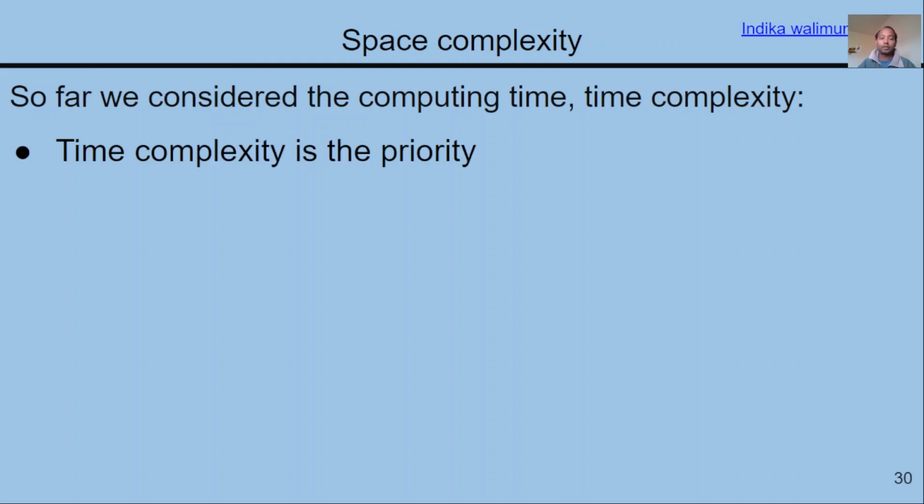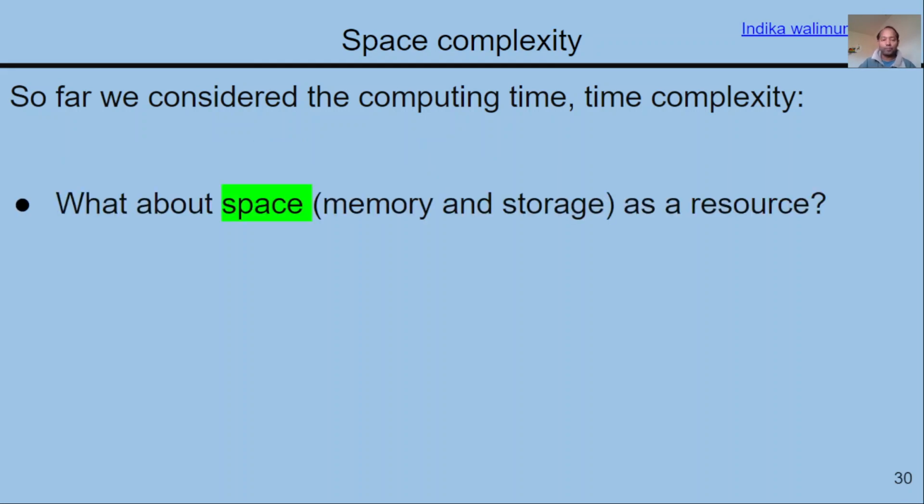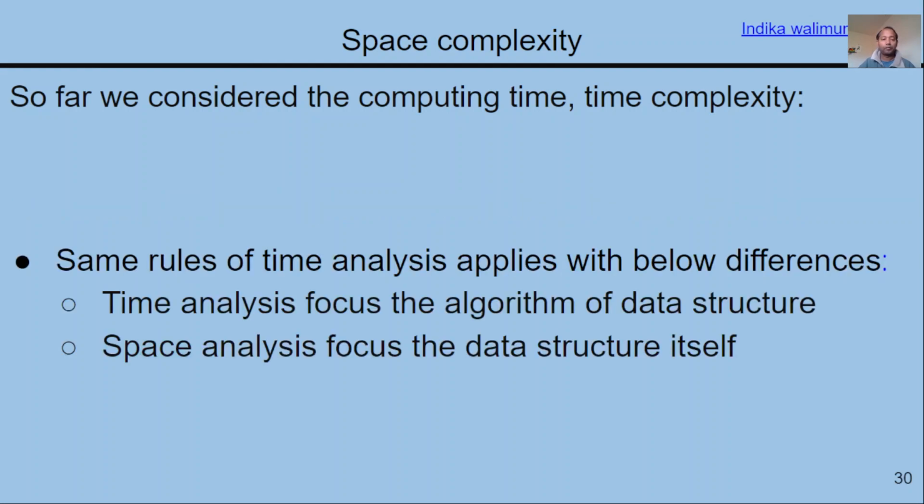Not always, but mostly time complexity is the priority. So what about the space then, right? Memory or storage as a resource. The same rules that we applied in time analysis apply here as well.